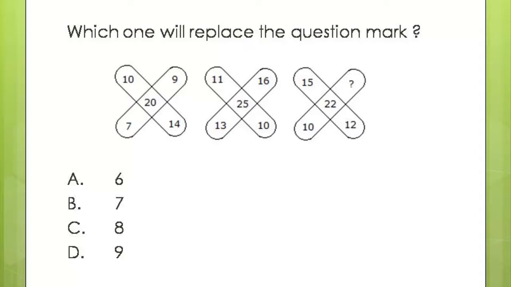So I'll perform the same operation. That means the sum of the numbers in the final figure should be 44, because 22 is the central number. The three numbers at the corner add up to 10 plus 15 gives me 25, plus 12 gives me 37. I have 37, I have to reach 44.